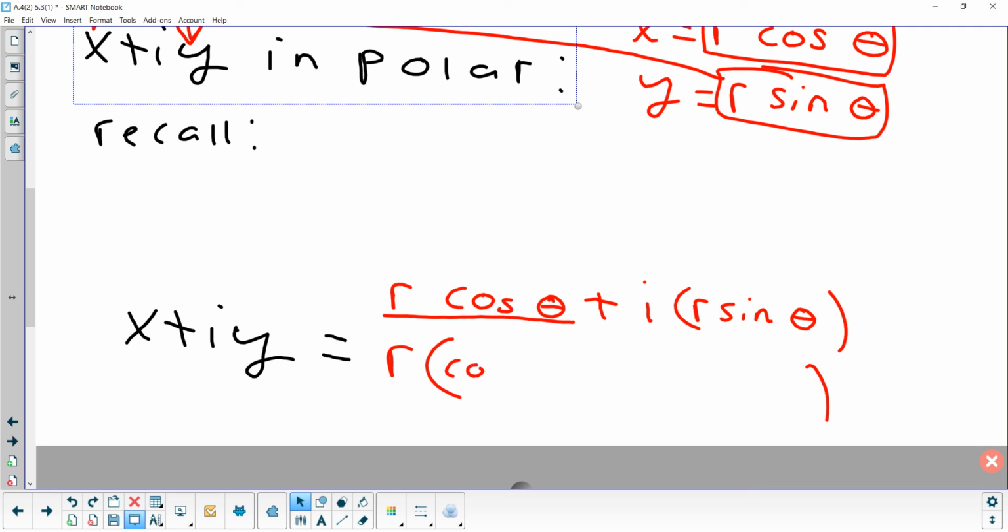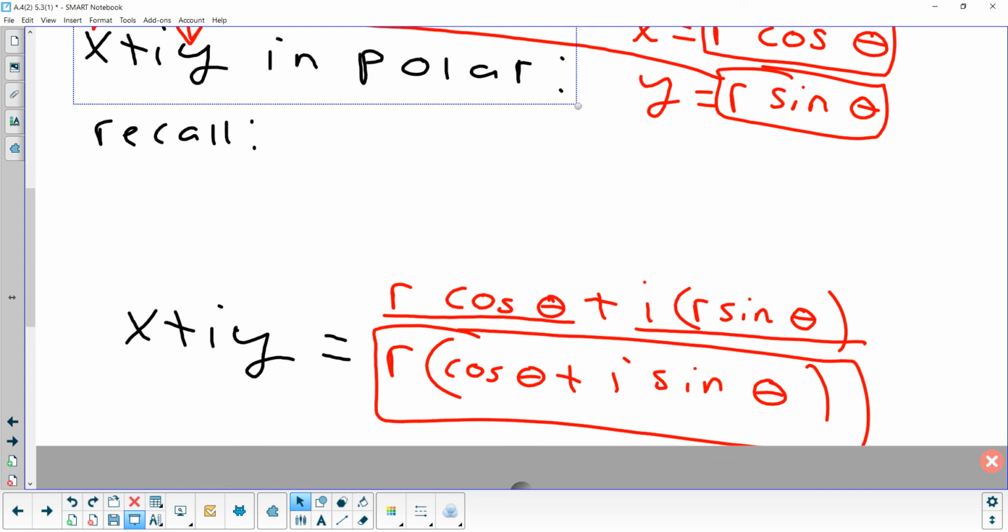Cosine theta. And what if you take R out of that part? Sine theta. And what else? The I, right? You'd be left with an I and a sine theta. And that is how you write a complex number in polar.